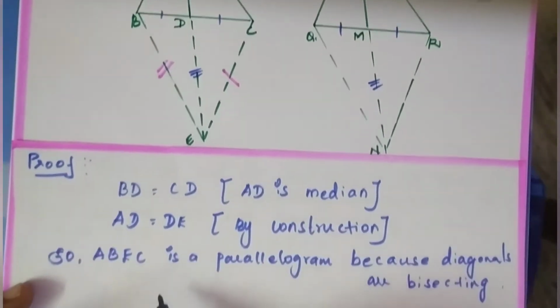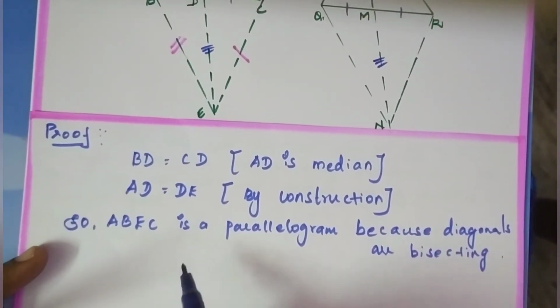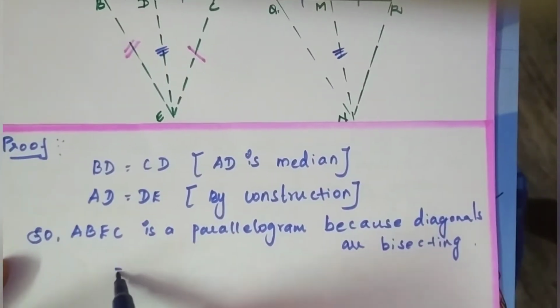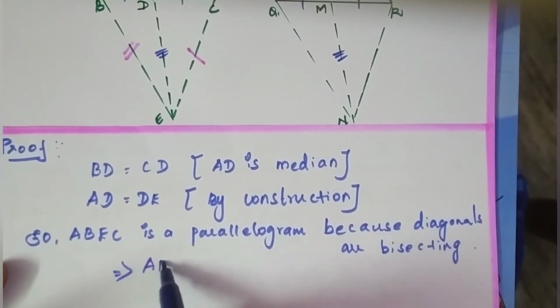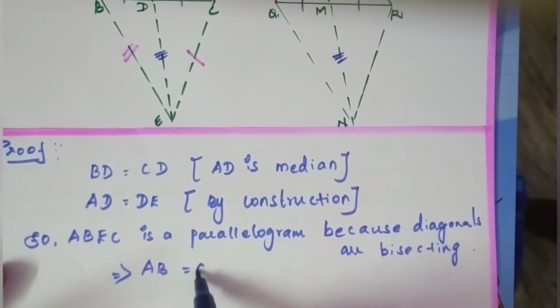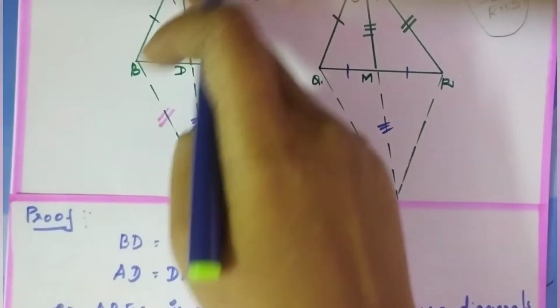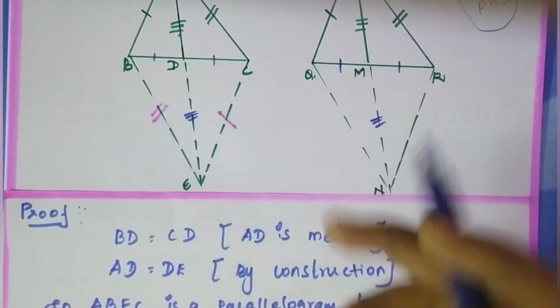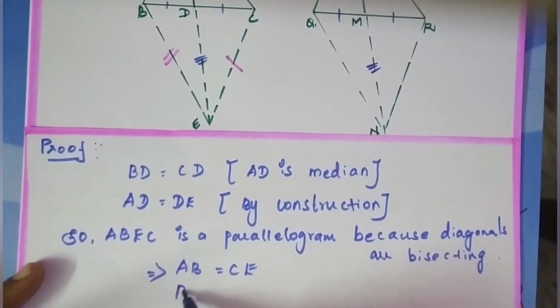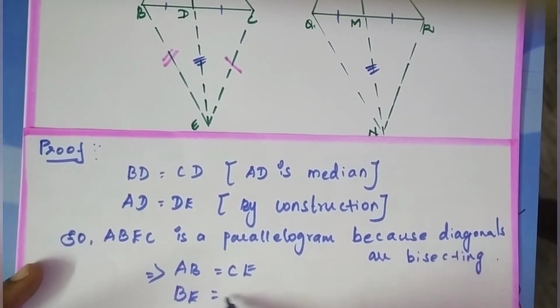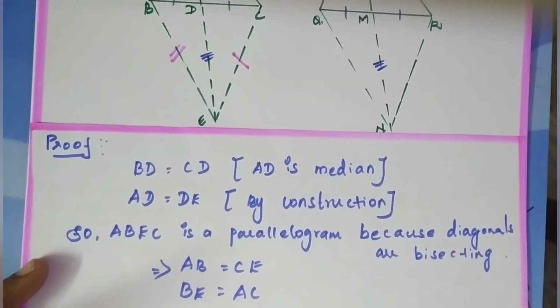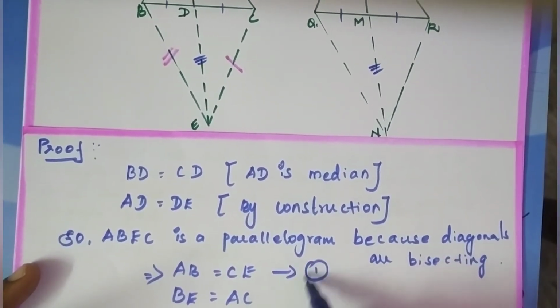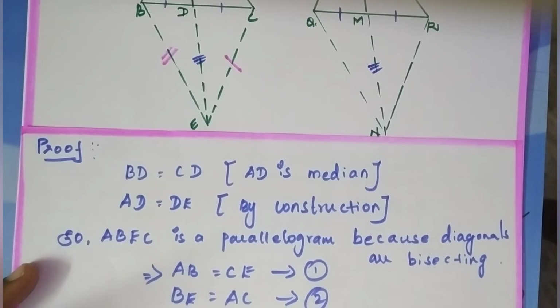So, since this is a parallelogram, AB is equal to CE and BE is equal to AC. Mark this as 1 and this one as 2.